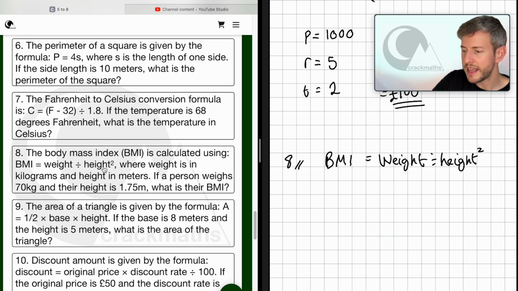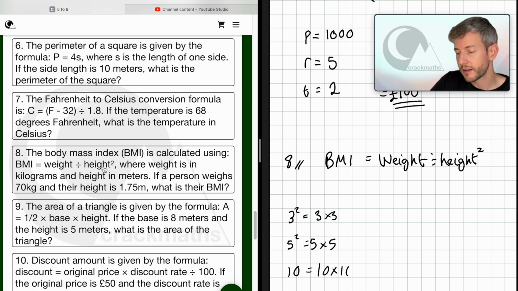Okay, now this squared thing means you times the value by itself. Just to give you some examples, if I had 3 squared, that would equal 3 times 3. If I had 5 squared, that would equal 5 times 5. If I had 10 squared, that would equal 10 times 10.